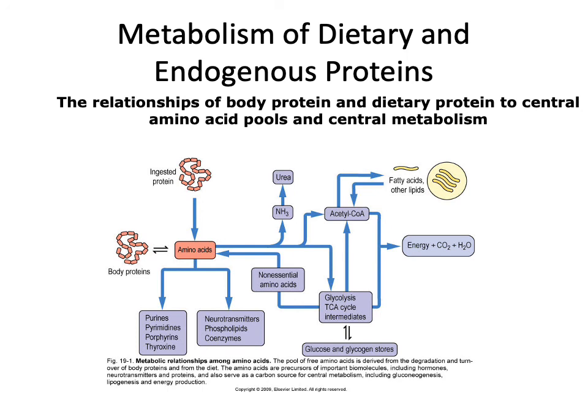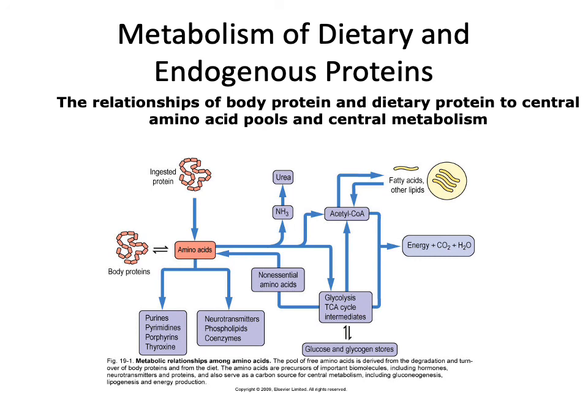Okay, this diagram shows the many different pathways for amino acids, starting up in the top left where we see an ingested protein, which is converted into amino acids. It can go to the left here to make proteins that we need, or we can break down some of those proteins into amino acids if we need them. Then those amino acids, if they're not used to synthesize new proteins, can be used to make other nitrogen-containing compounds.